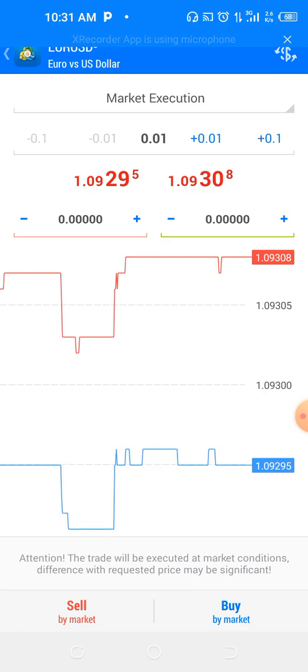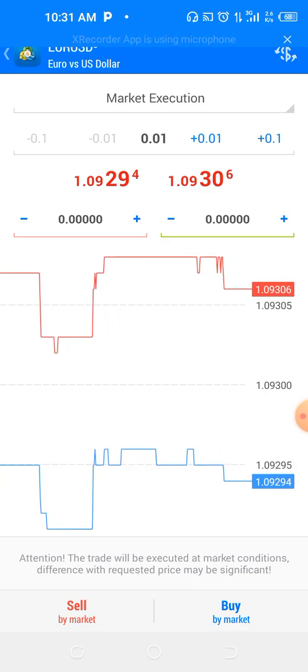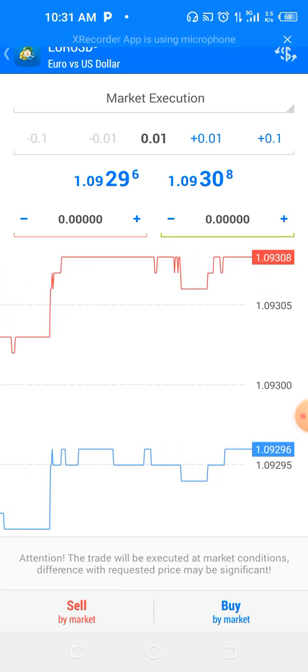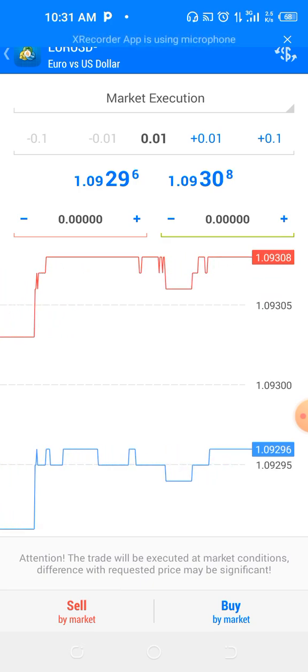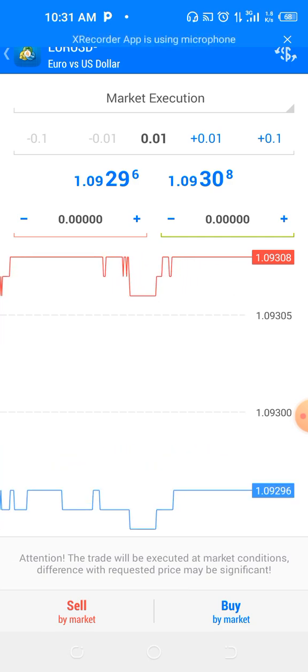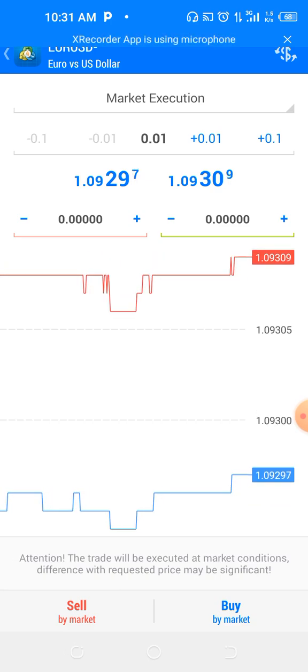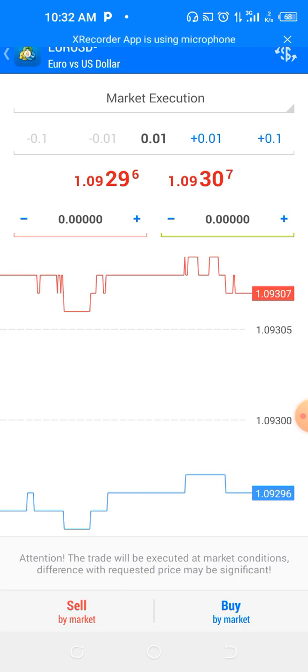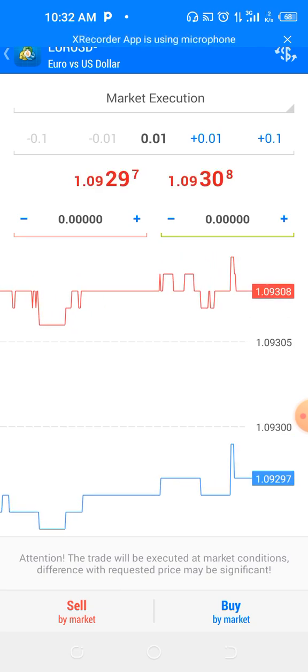Okay. So now, from what you're seeing here, you see 0.01. 0.01 here is a micro lot size. In Forex, this 0.01 is a micro lot size. And for a standard account, it represents 10 cents.